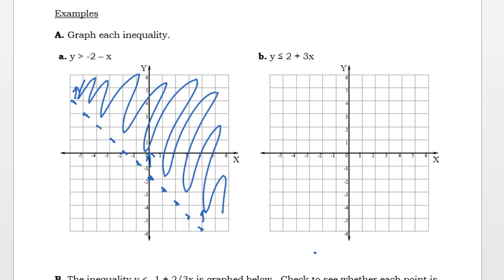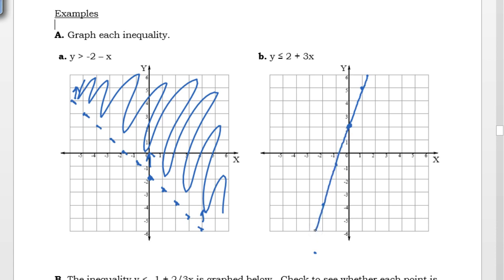My next one is y is less than or equal to 2 plus 3x. I can graph y equals 2 plus 3x by going to my intercept of 2, and my slope is 3, which means rise 3, run 1. And I can repeat the pattern to get my line. Because it's an or equal to, I can draw the line in.